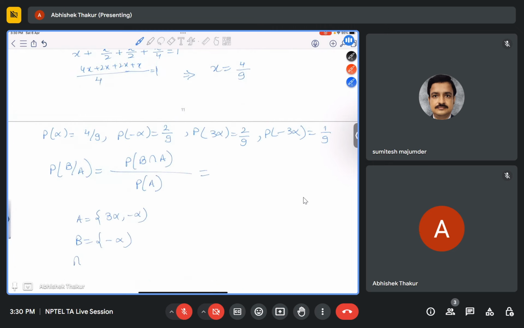So what is A intersection B? That is equal to minus alpha. So that is equal to the probability of minus alpha divided by the probability of A.